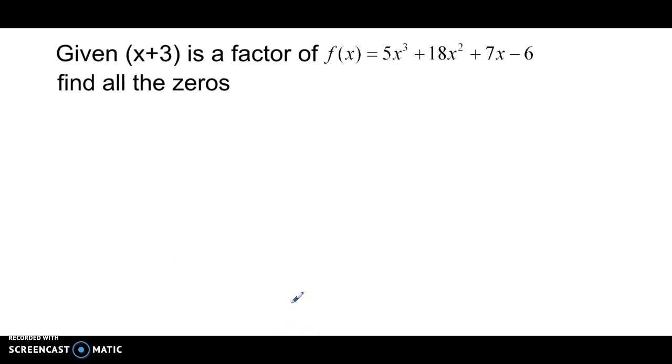Something for you to think about. But what I'd like you to do right now is go ahead and do what we did above, and use synthetic division. And just to get you started, what number is going to be in our box here? The opposite of this, which is -3, or you could get that by setting this equal to 0. So go ahead and let's see if you can line up these coefficients and synthetically divide.